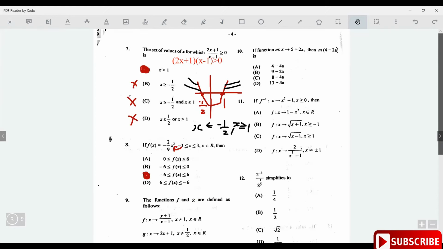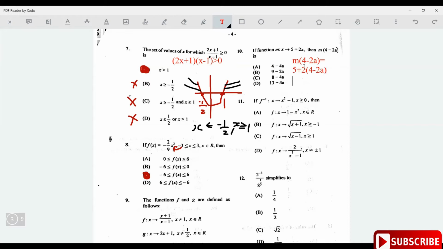Next question, it says m of x is 5 plus 2x. What is m of 4 minus 2a? So m of x, that means for m of 4 minus 2a, we're just going to replace x with 4 minus 2a. So we get 5 plus 2 times 4 minus 2a.